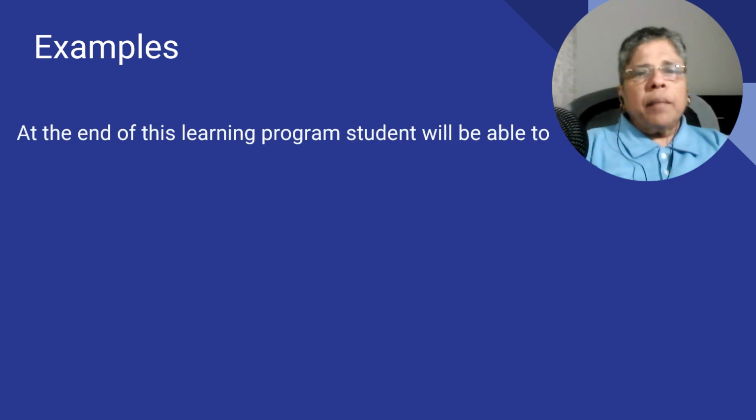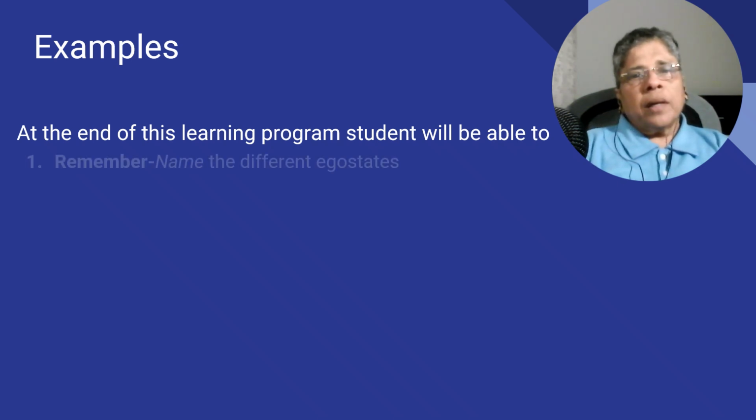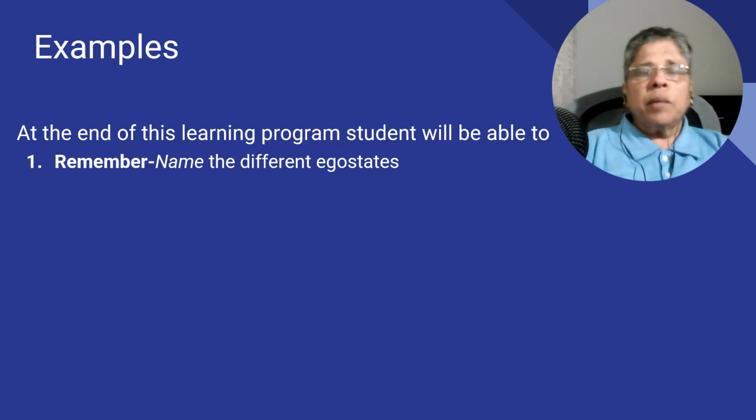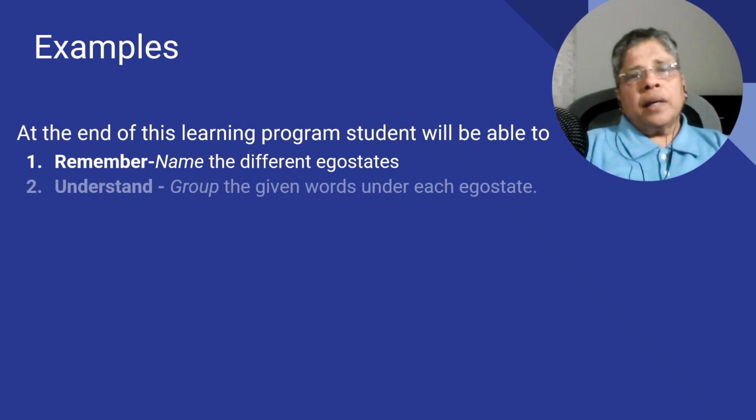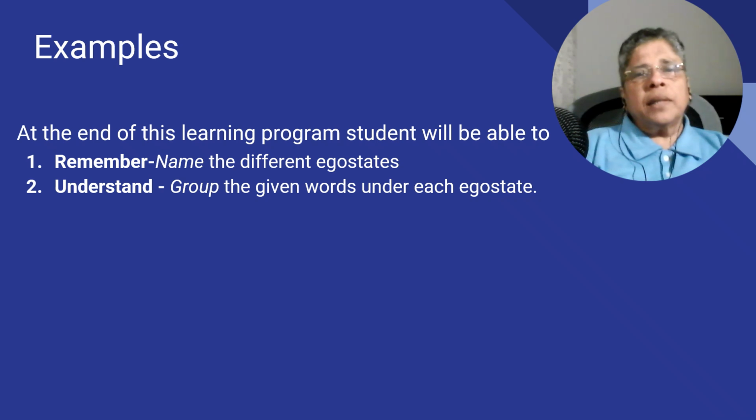These are some examples for how to write a learning objective for each of the levels of the cognitive process. So remember can be written by saying the student will be able to name something. Similarly, understanding can be expressed by expecting the students to group some list that is given to them, something like that.